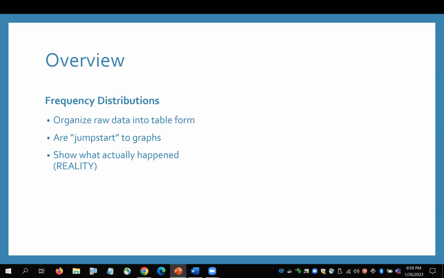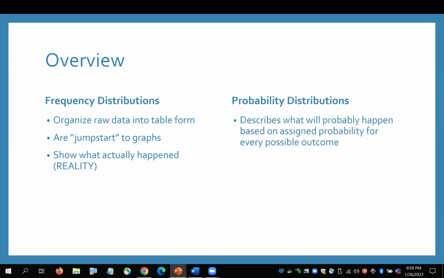But we don't necessarily always have or know what actually happened or what is actually going to happen. So we also have a probability distribution. The probability distribution describes what could happen based on an assigned probability for every possible outcome.